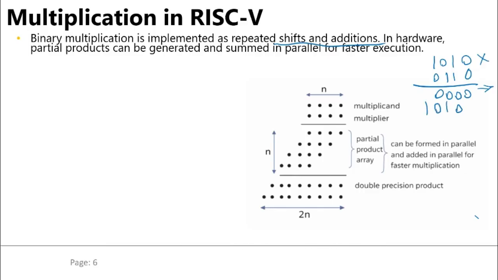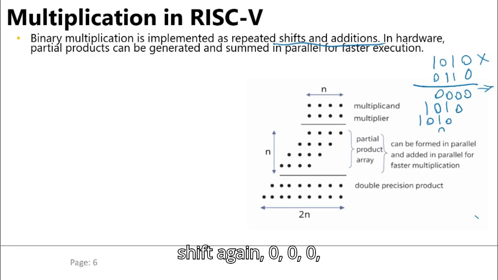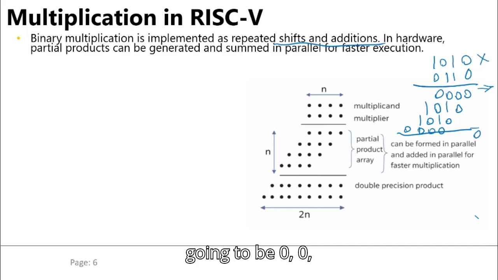Again, another one. We shift. So 0, 1, 0, 1. 0, 0 multiplied by anything is 0. And shift again, 0, 0, 0, 0, and then add together. So that overall is going to be 0, 0, 1, 1, 1, 1, 0.